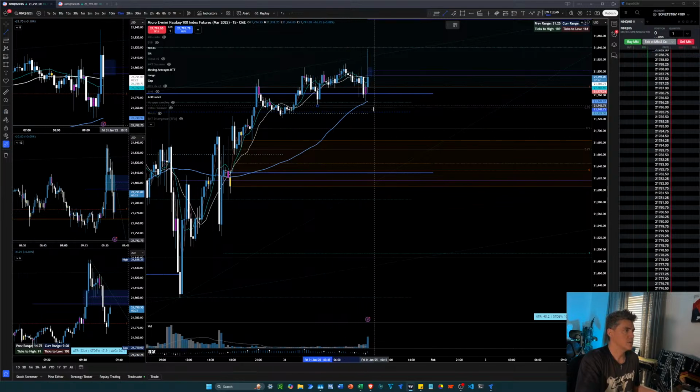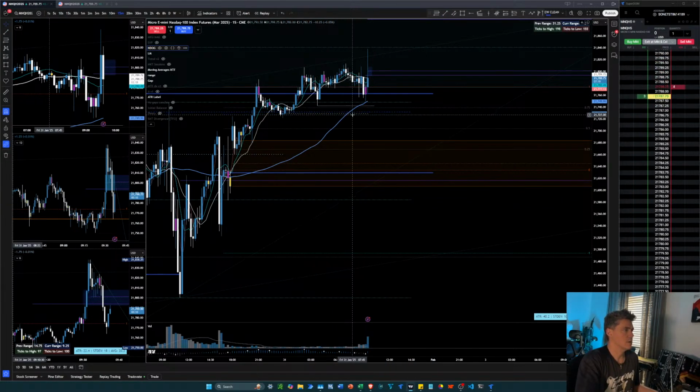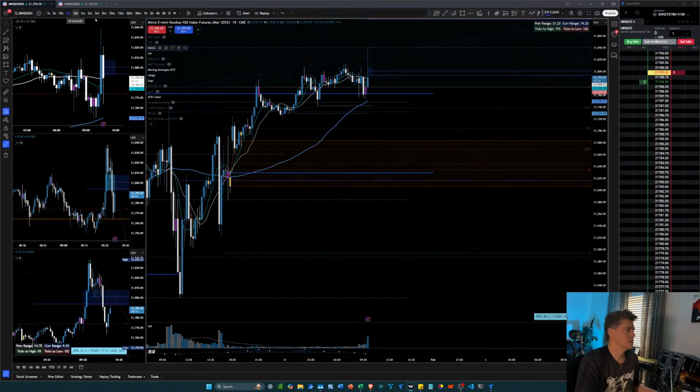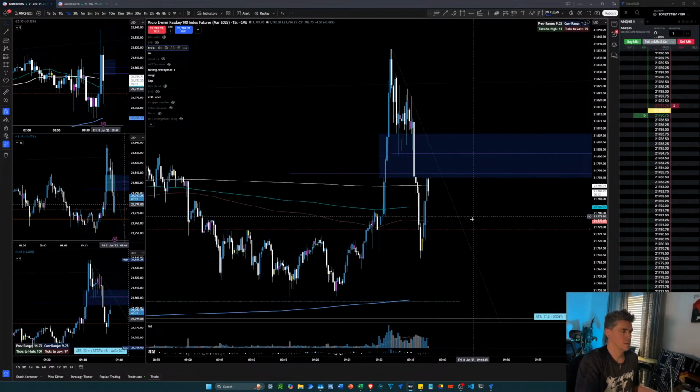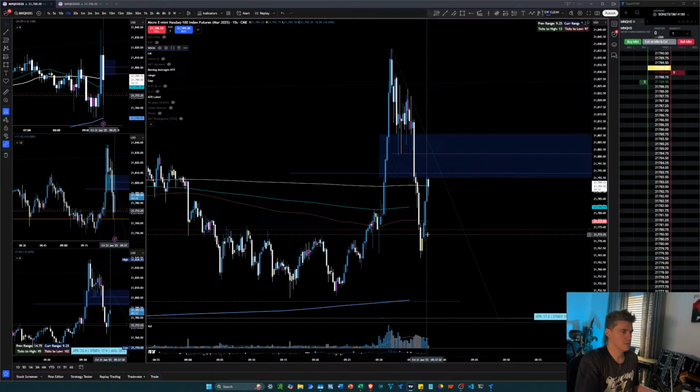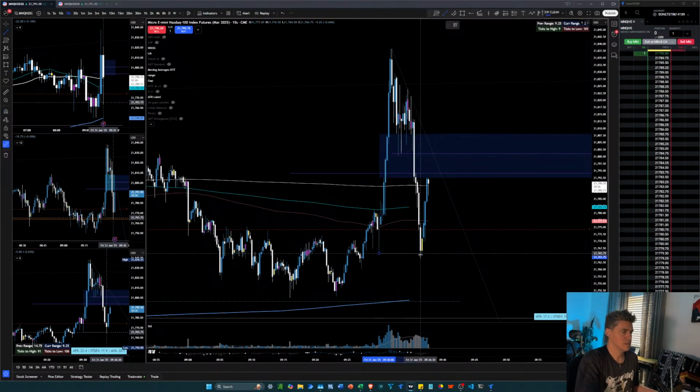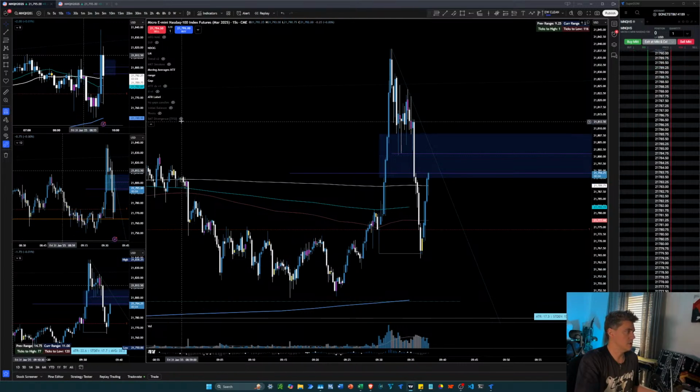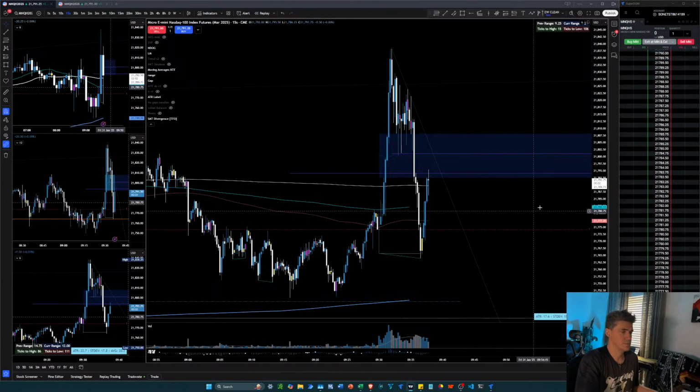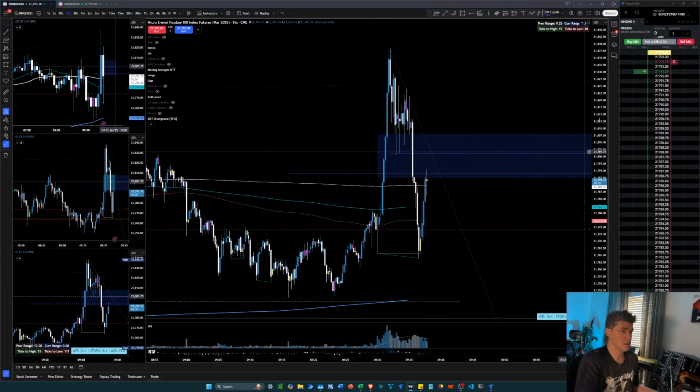Suppose this swing could be interesting. Midnight open. Also interesting. Inside up close. Buy that for a reversal. Did get a sweep there, which we did not take on the NQ.